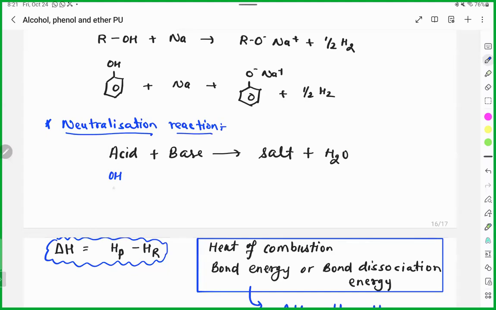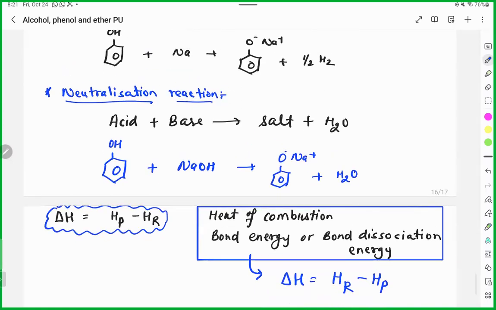Example, if you take phenol and react it with NaOH, what will happen? It will form salt, O negative Na positive, and it also forms H2O. Now you tell me, can you say phenol is an acid? Because it is reacting with the base.